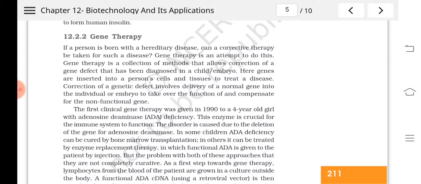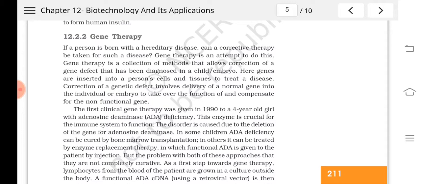Means what? If the disease is caused by the inability of a gene to produce a particular product, then we can introduce a gene that is able to produce the particular protein, understood? When they produce that protein, what will happen? The disease won't be there, isn't it?